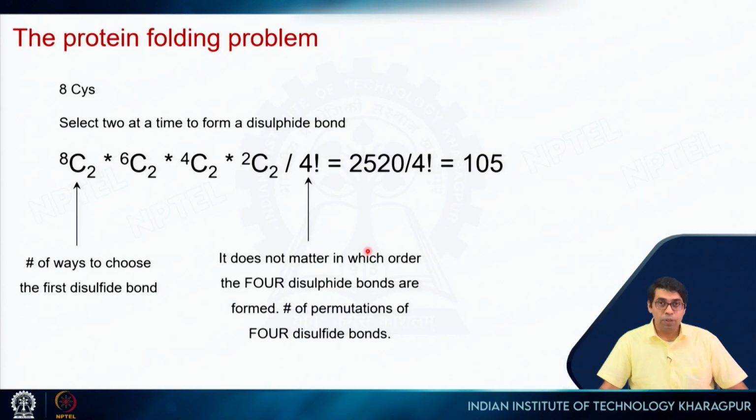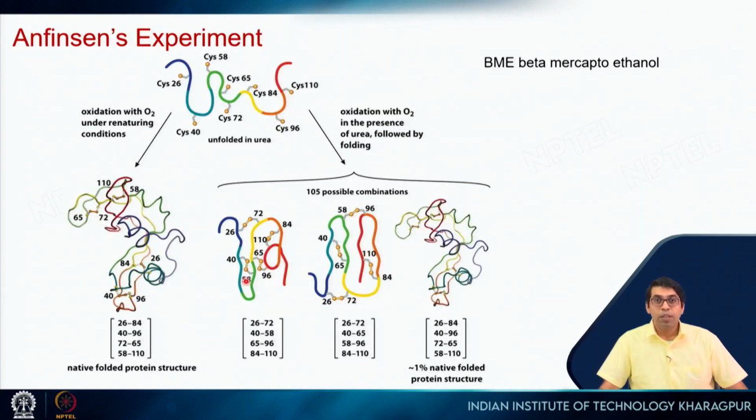So why did this happen? Let's go back to this. When he removed urea first, the protein collapsed into this structure, which is the final folded form, and then he passed oxygen, which means he oxidized. All the cysteines which are close to each other formed a disulfide bond and it locked the structure into this active form. So he got 100% activity. But when he didn't remove urea first but oxidized the protein first, the protein was in this denatured form.